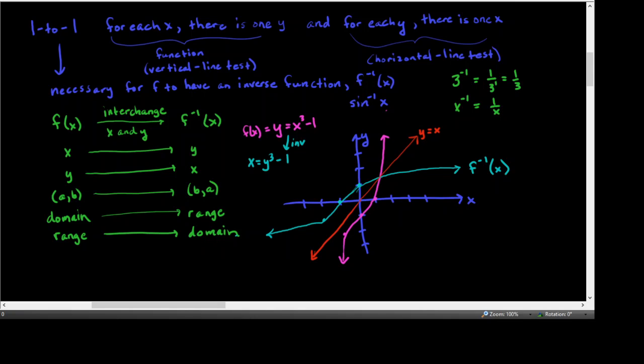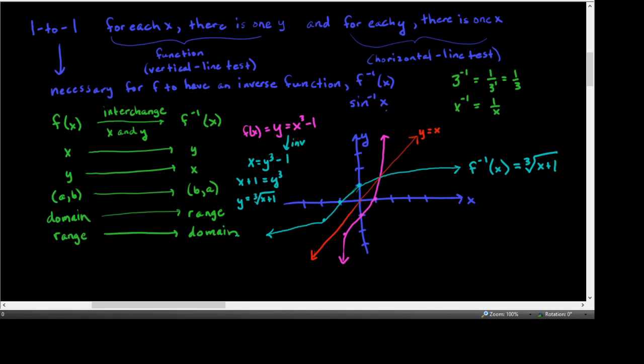Then you need to solve for y. So add 1 to both sides, and then take the cube root of both sides to solve for y, and that is your inverse function, the cube root of x plus 1. That's the equation that we just graphed.